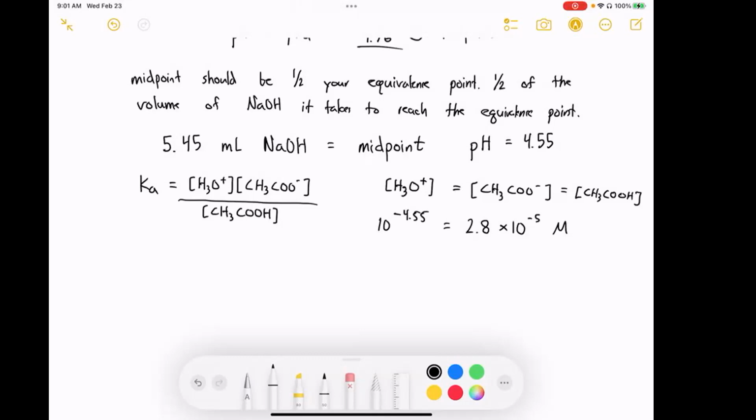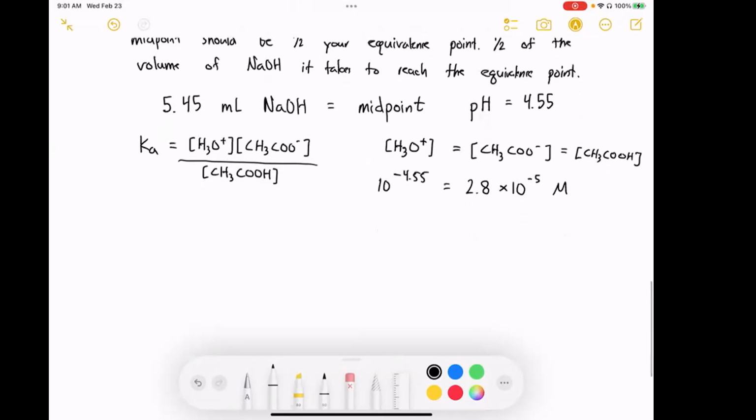Okay. So now if we plug that into our equation there, we should get Ka equals 2.8 times 10 to the negative 5th squared, because they're the same for both the H3O+ and the acetate ion, divided by 2.8 times 10 to the negative 5th here.